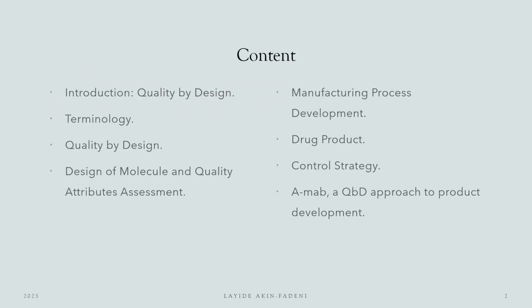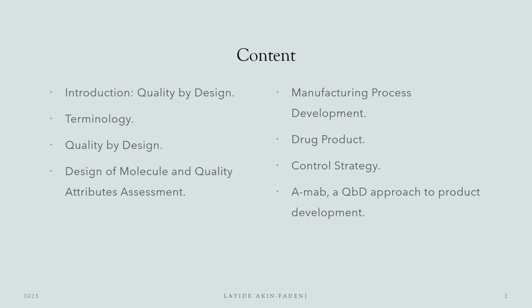So as I said, the presentation is going to cover some of the concepts of quality by design. I'll give a brief introduction. I'll give some terminology descriptions and definitions. And then I'm going to talk about quality by design. I'm going to talk about the design of the molecule and the quality attribute assessments, which is important with regards to gaining an understanding of the drug product.